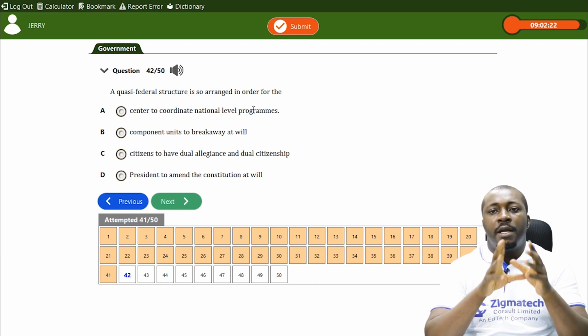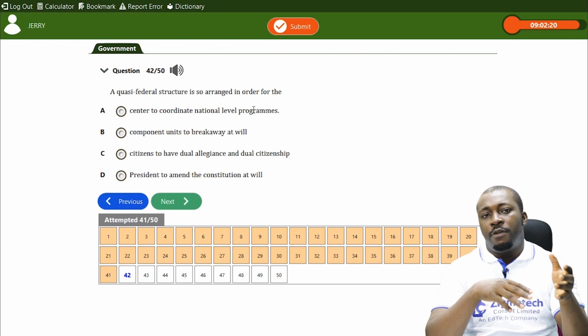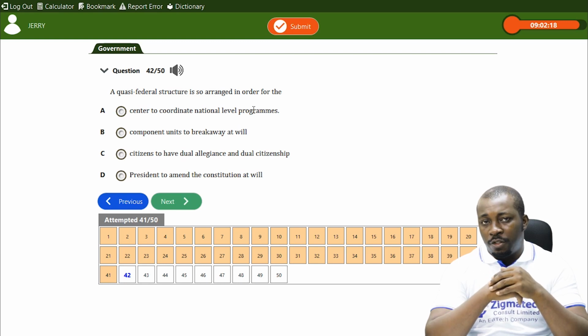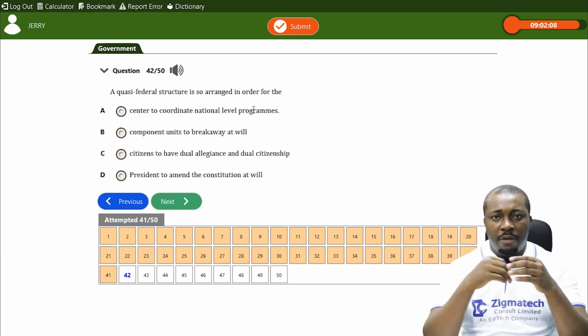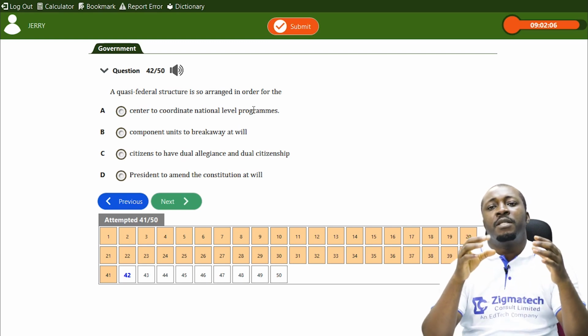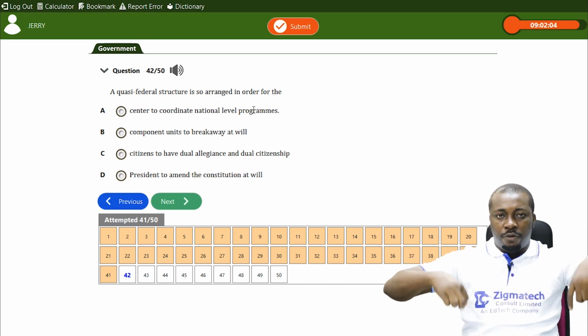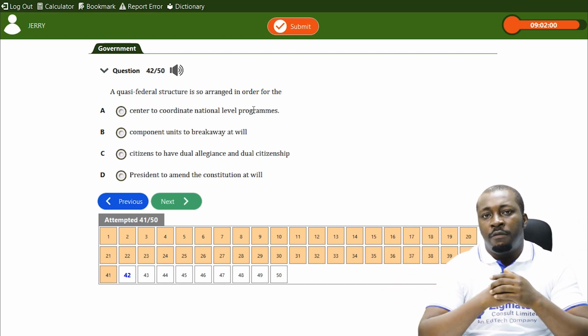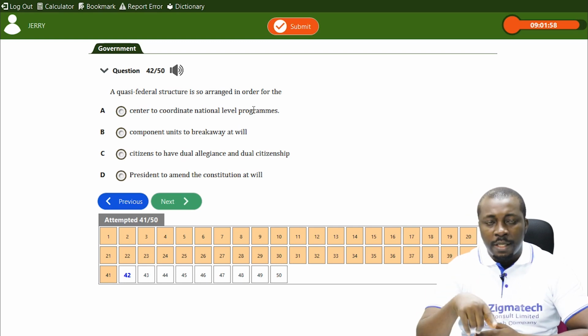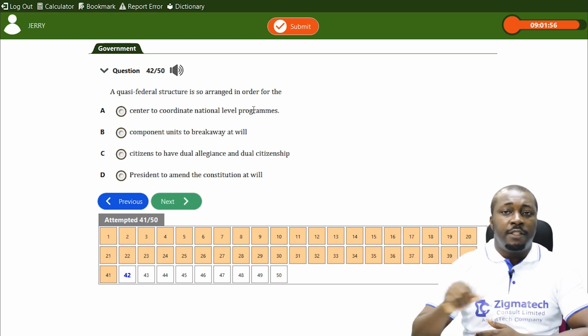Now, in Nigeria, we had a quasi-federal structure during Macpherson Constitution of 1951. Now, we had, yes, the central government. We also had a component that's the regions. You see that the central government still has some levels of control, even in some of the lawmaking processes of the component unit, that's the regions.